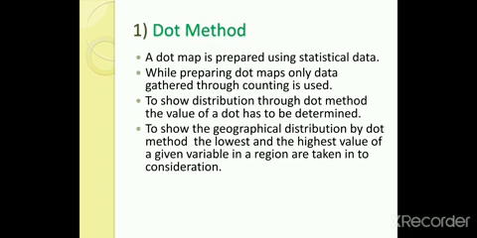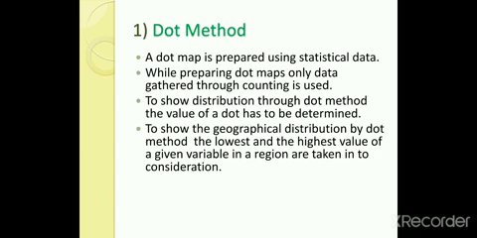The way a variable is distributed throughout the region, dots are used to show its distribution on the map. Like the population of a region, the distribution of cattle, these are shown with the help of the dot method. To show the geographical distribution by the dot method, the lowest and the highest value of a given variable in a region are taken into consideration.